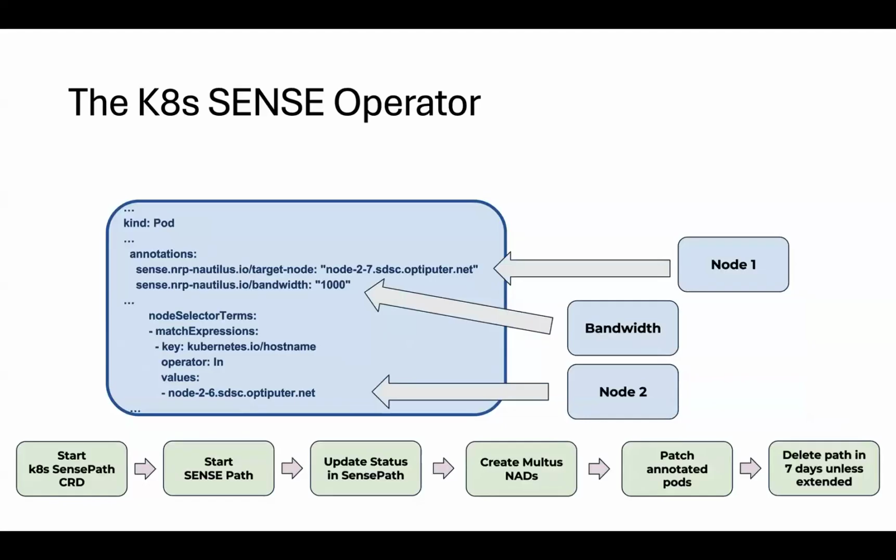A network attachment definition is a Kubernetes object that allows us to attach a network interface directly from the host node to the pod that is running Docker containers. Then we patch and update running pods to add the interfaces to them.